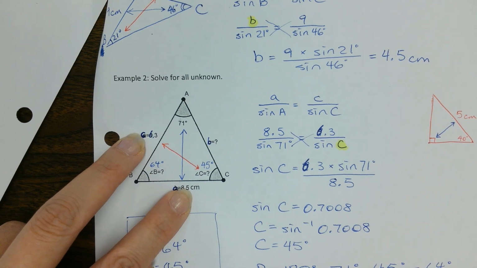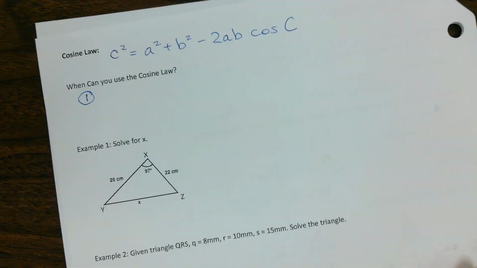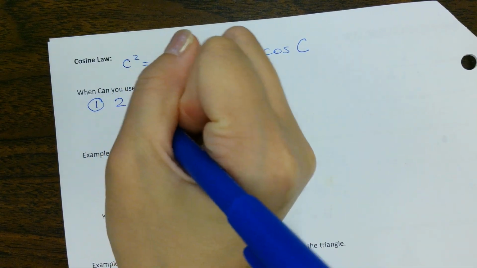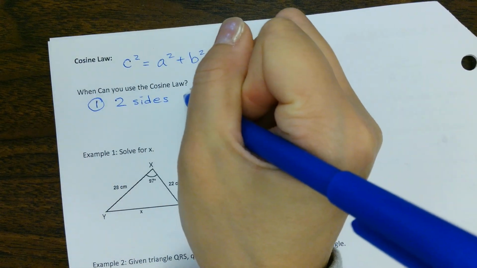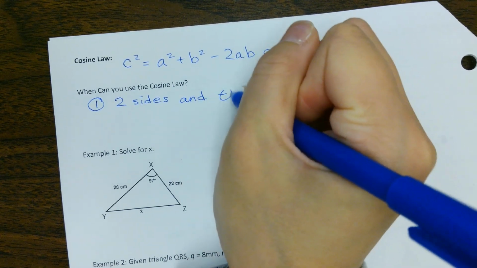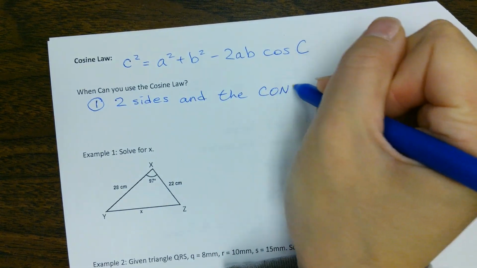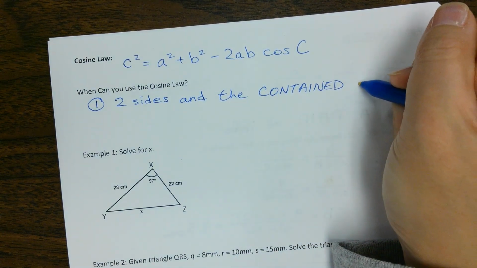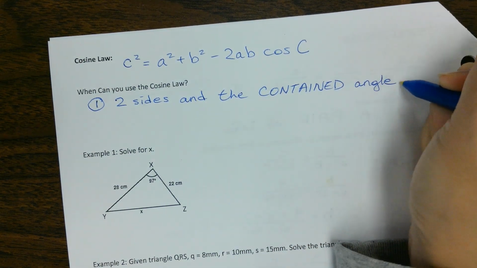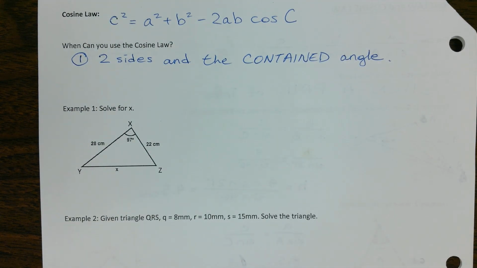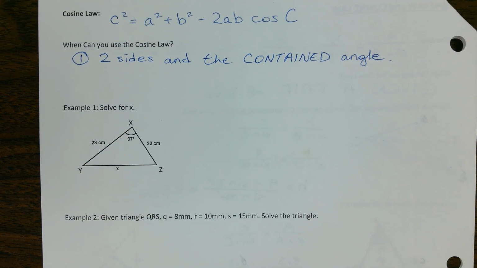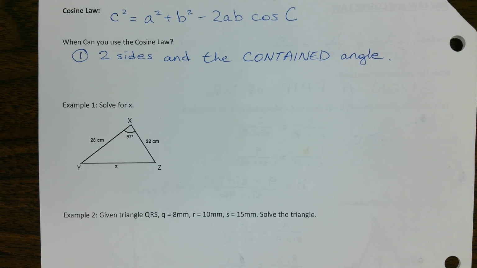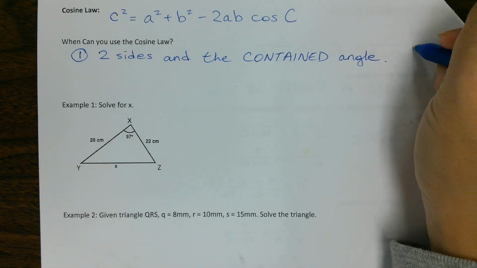In between, that's right. Okay, so we want to make it sound fancier. We're going to say 2 sides and the contained angle. See how much fancier that sounds? It has to be the contained angle, or aka the angle in between. If it's not the angle in between, then it will mean sine law. Okay, so 2 sides and the contained angle.